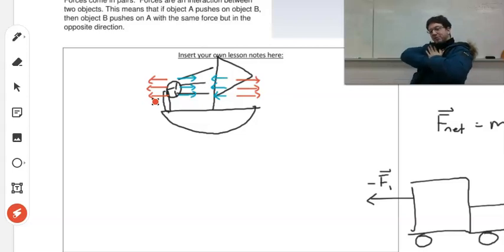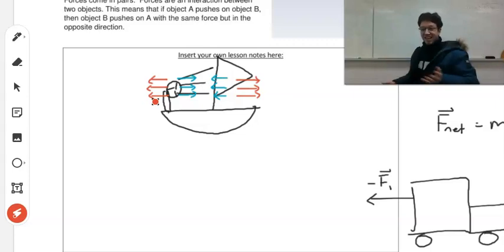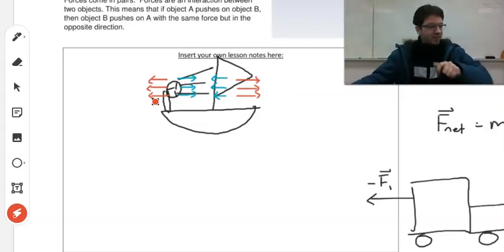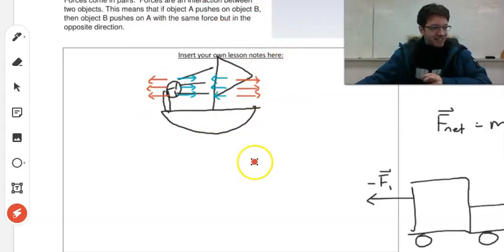So why can't I push myself back? Someone else pushing me is an external source. But me trying to push myself is an internal source and has an action-reaction pair. So I'm trying to push myself back, but I'm also pushing myself forward with the exact same magnitude. So I don't move. And that's the same case as this example here.